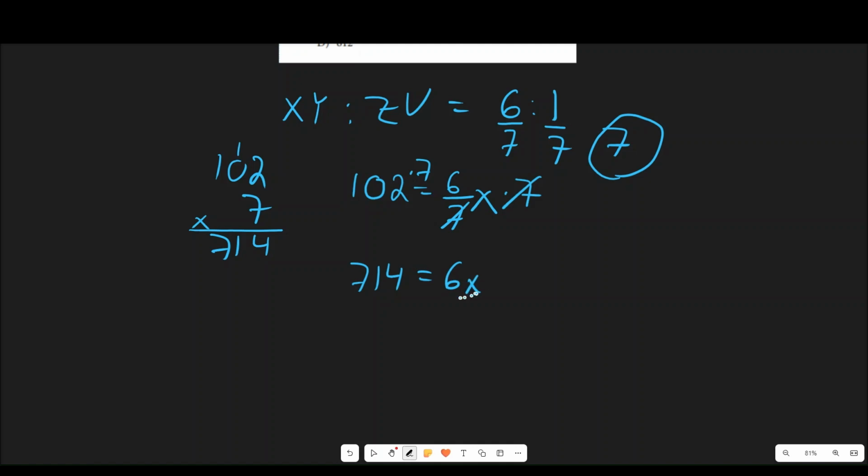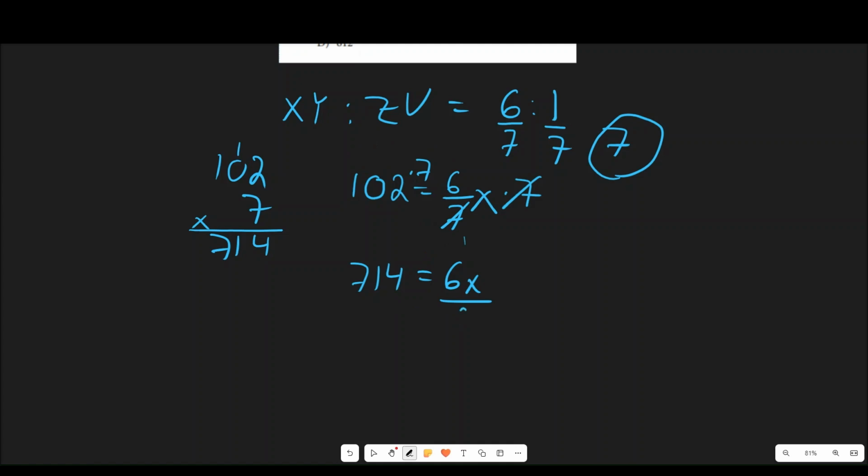And remember, x is just the total of these two line segments. Again, 6 parts to 1 part, in total there are 7 total parts. So we're just trying to get the total of these two line segments.